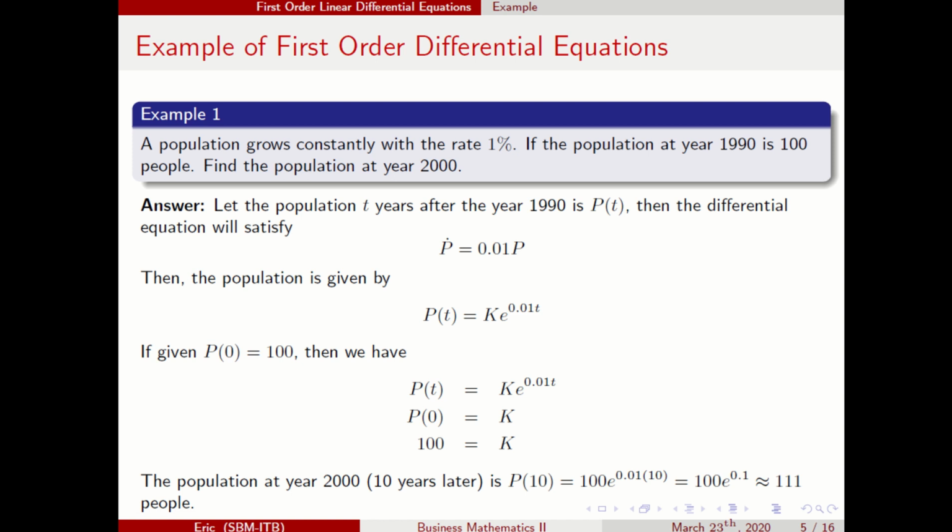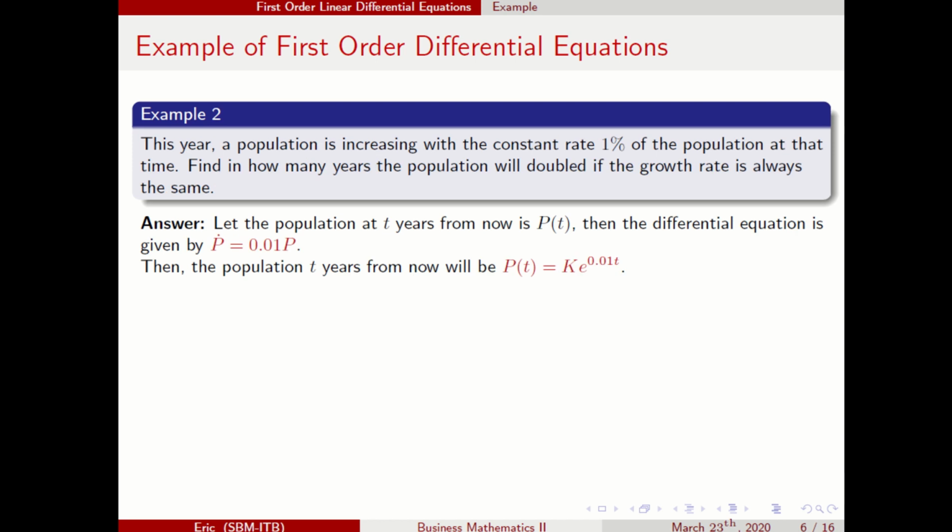So the population at 2000, 10 years later, is p(10) equals 100 times this. That is approximately 111 people. For the second example, this year a population is increasing with the constant rate 1% of the population at that time. Find in how many years the population will double if the growth rate is always the same.